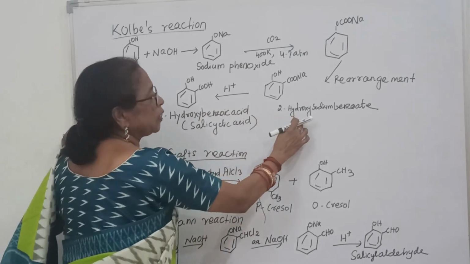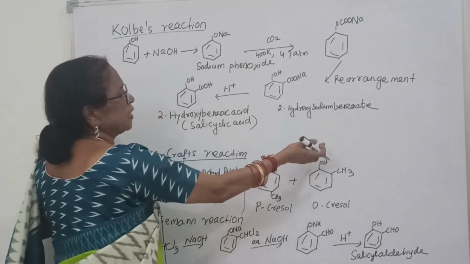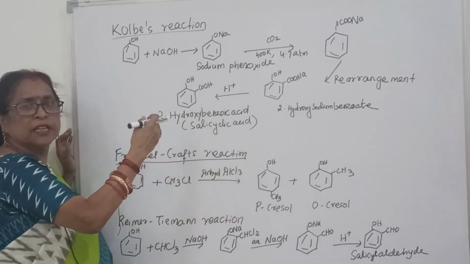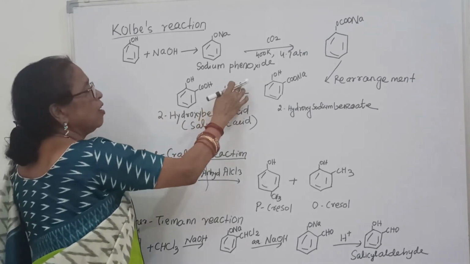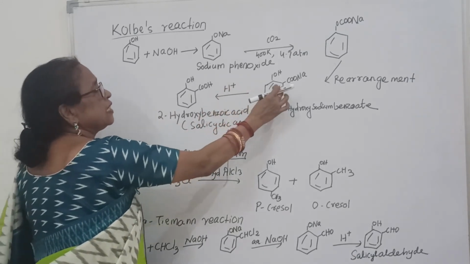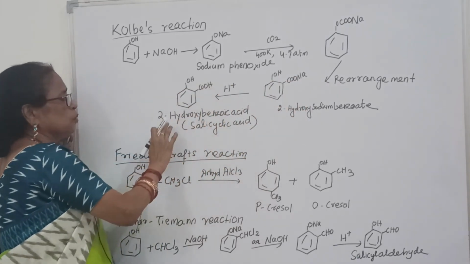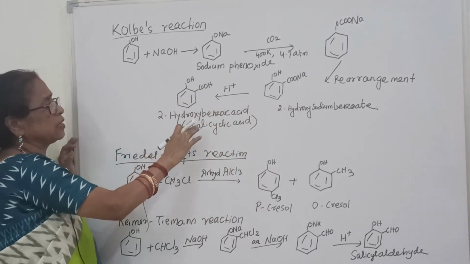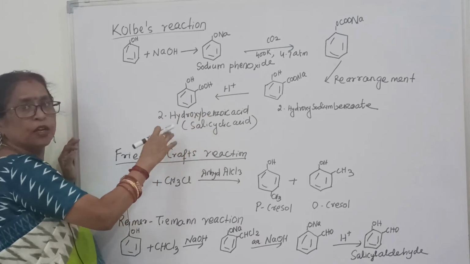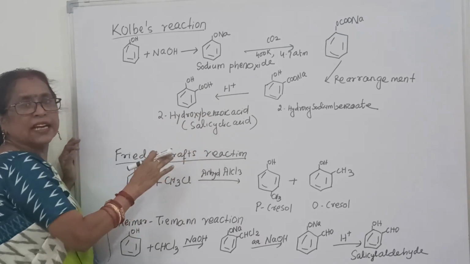Then come to H plus, meaning acidic hydrolysis. On acidic hydrolysis, the COONa changes to COOH. So this is called 2-hydroxy benzoic acid, or you can say salicylic acid.